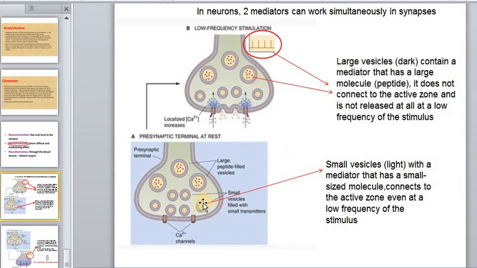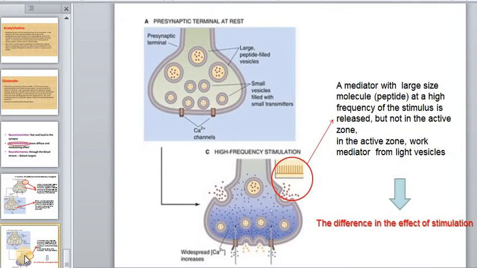And we have small light vesicles with a mediator that has a small molecule, and these vesicles can contact the active zone of the presynaptic membrane at a low frequency of the stimulus. And sometimes this helps to make the difference in the effect of stimulation.